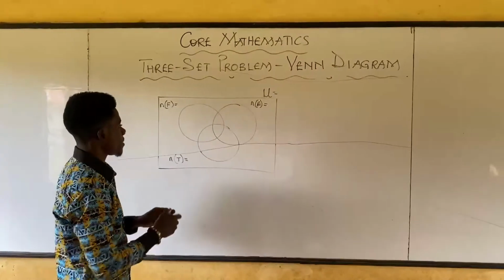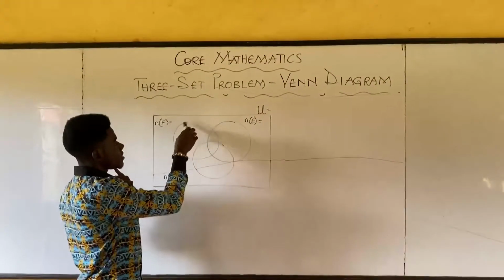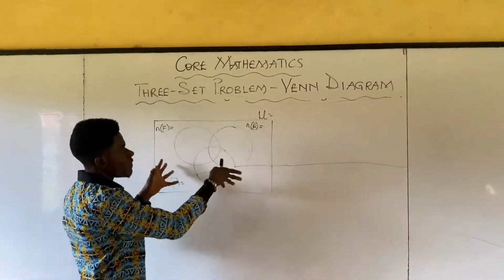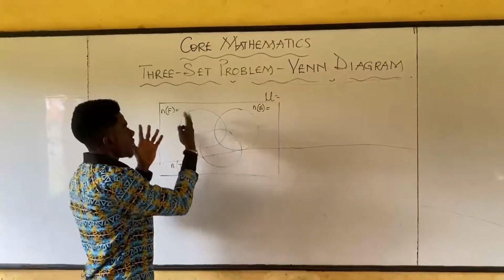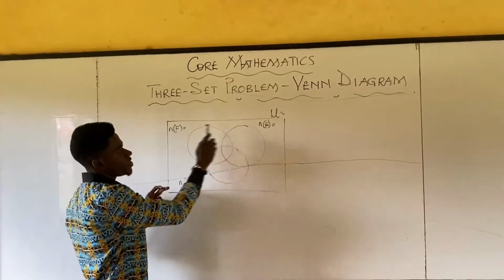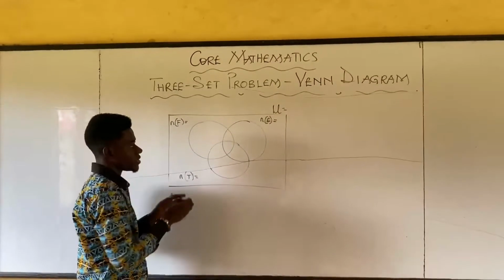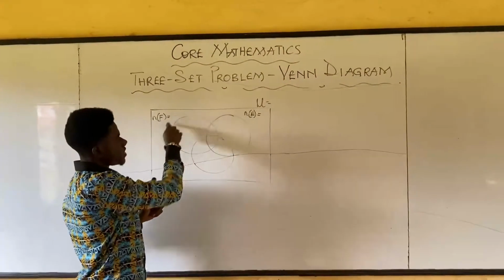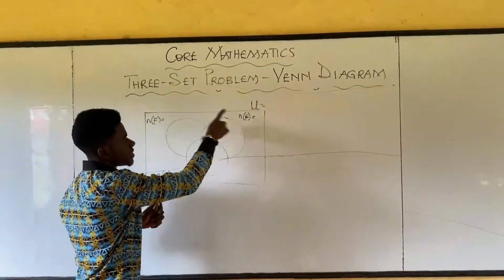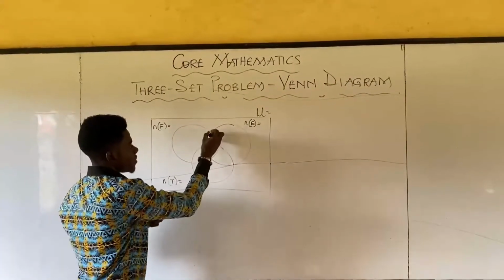So, since these are the three ovals relating to French, English, and P students, we will see that this oval is intersecting this one at this region.